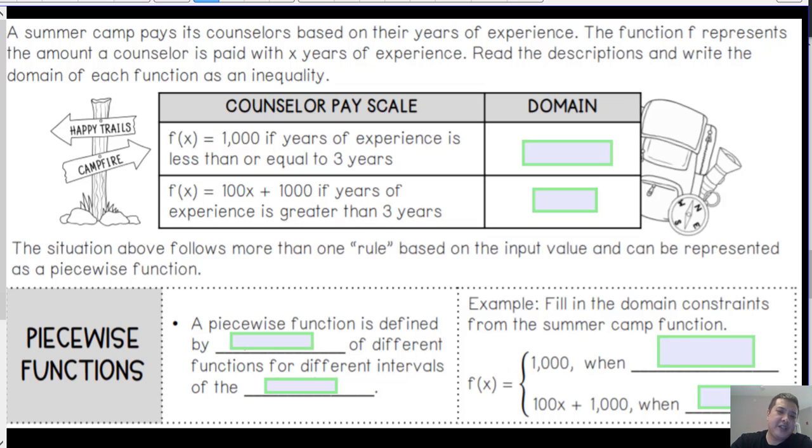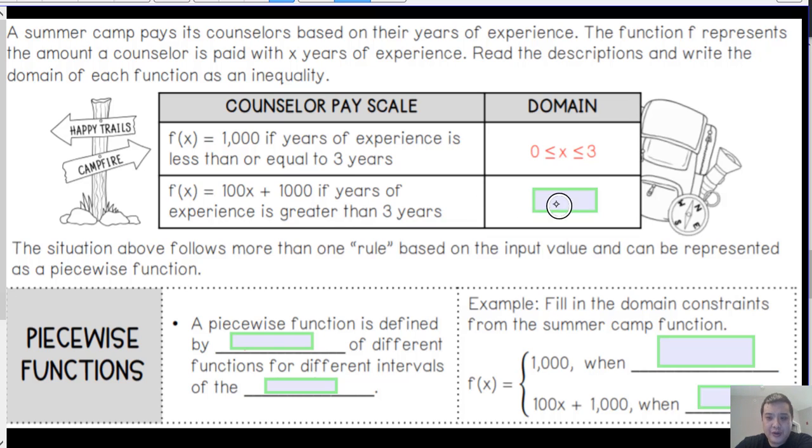So the first one says that they get $1,000 if years of experience is less than or equal to 3. So that means that no matter what, if they have 3 or less years of experience, they get $1,000. Then it says they get $100 more added on for each year greater than 3 years.